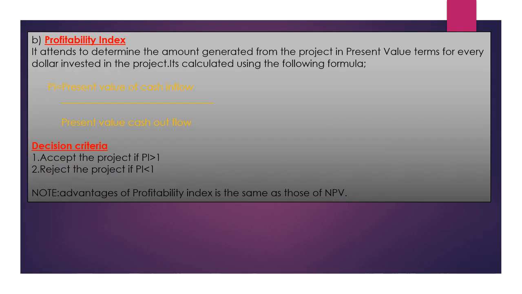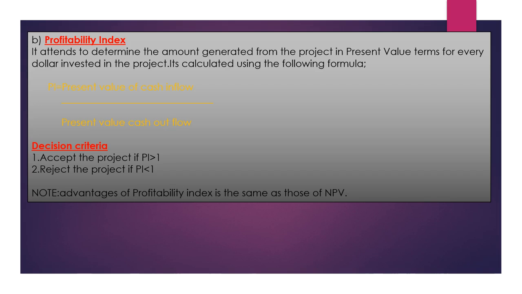So we're going to look at another technique, the profitability index. This is another discounting technique. It attempts to determine the amount generated from the project in present value terms for every dollar invested in the project.